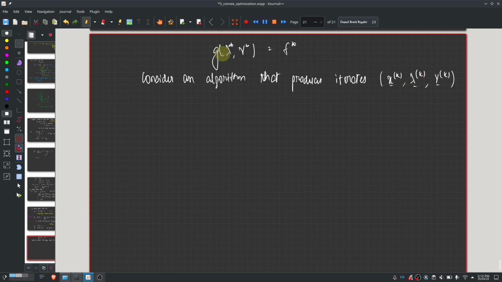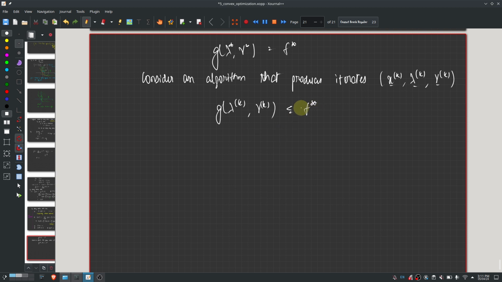Now, you know that g of lambda k, nu k is always going to be less than or equal to f star. That is guaranteed. So g of lambda k, nu k, for each iteration, is for sure going to be less than or equal to f star.